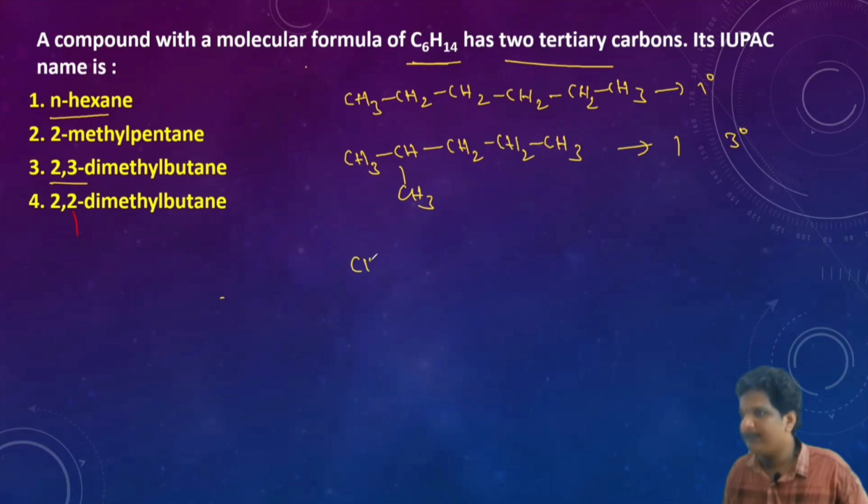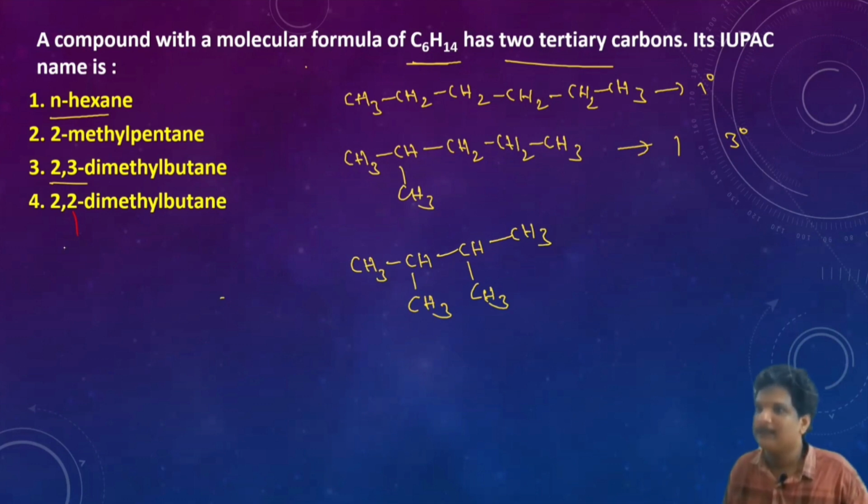2,3 dimethyl butane, with CH3 groups on each end. Here we have 2 tertiary carbons: this is one tertiary carbon, this is another tertiary carbon. So 2 tertiary carbons are present in this compound.